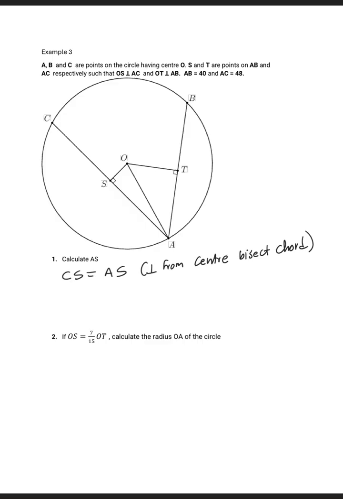Since we are given that AC is equal to 48, it means that CS is equal to AS, which is equal to 24, because 24 plus 24 is 48. So therefore we can conclude that AS is equal to 24 units.